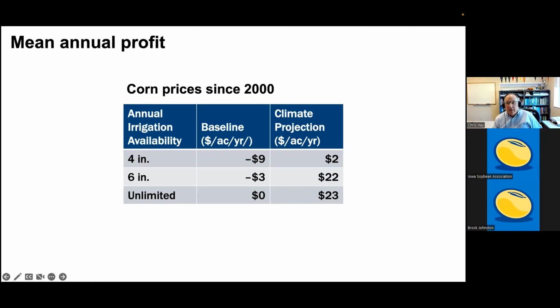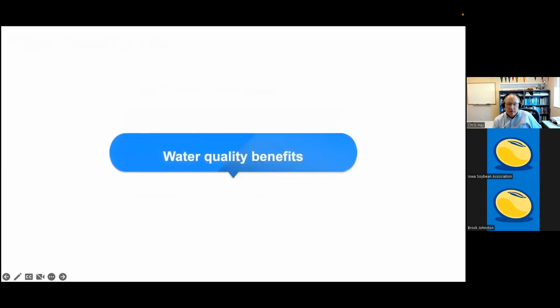But then with that potential for multiple benefits, maybe that's another way to help financially incentivize the system. And so another thing we wanted to look at then was what were the water quality benefits of these systems, because that could be a way to help finance these systems either through cost share or environmental services, ecosystem market type systems as another way to try and pay for the systems.